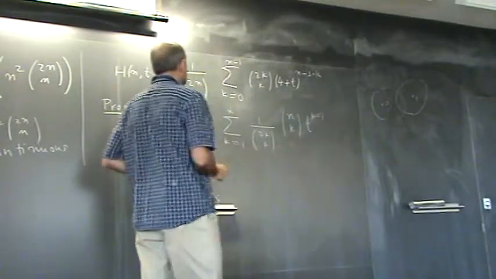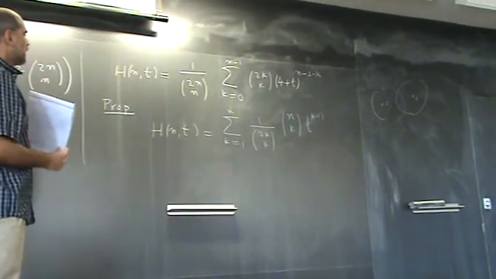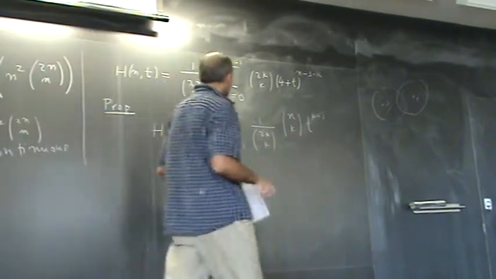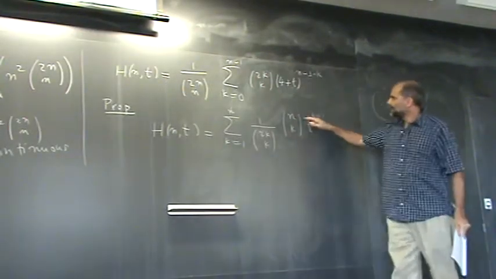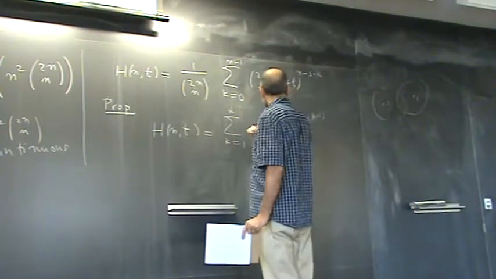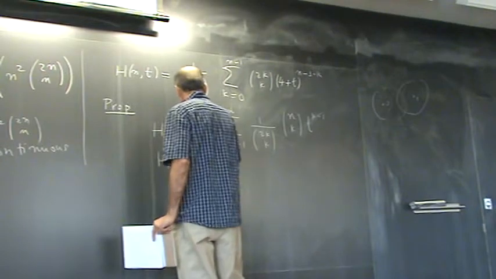Okay, but the beauty of this, you see, this looks like essentially the same kind of expression, but the variable n appears only in this combinatorial number, so I can easily just erase this n and think of an infinite sum.